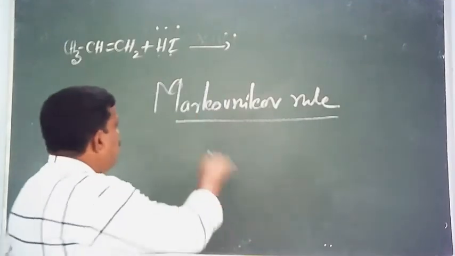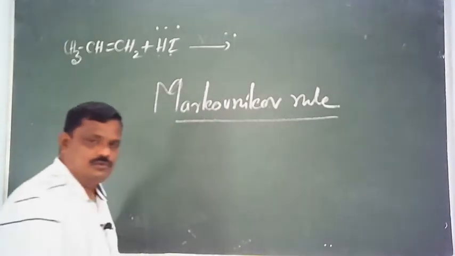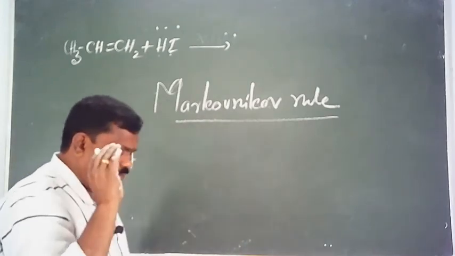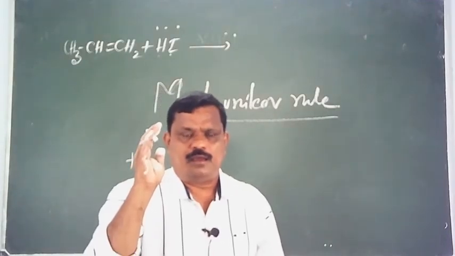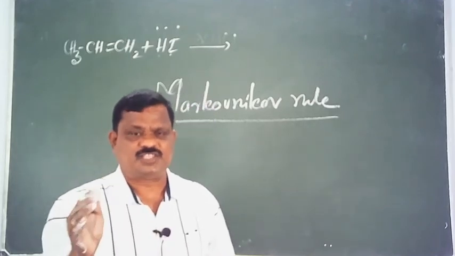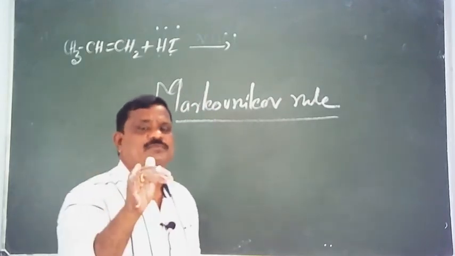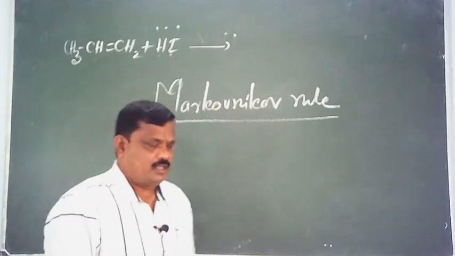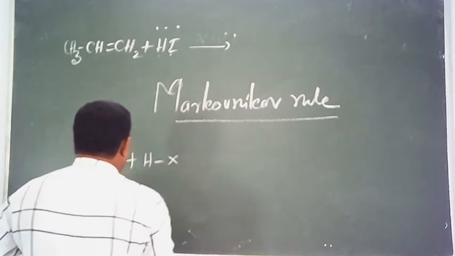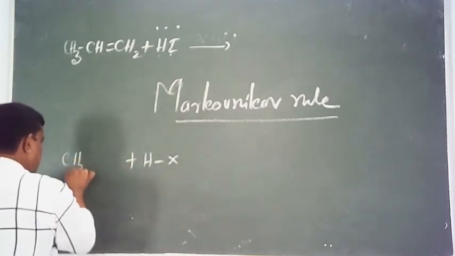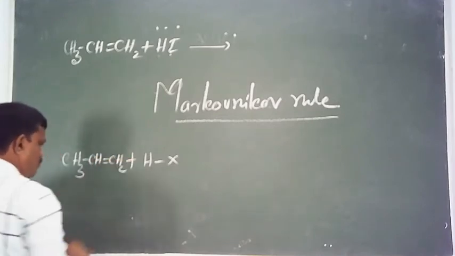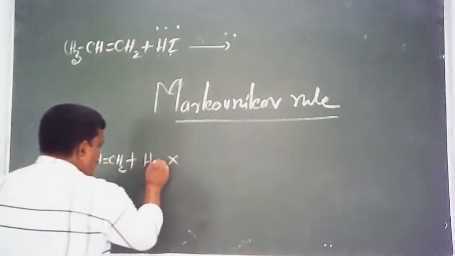See here, according to Markovnikov's rule, if an unsymmetrical reagent like HCl, HBr, HI adds to an unsymmetrical alkene, let me take HX, and the unsymmetrical alkene say CH3CH=CH2, propene.